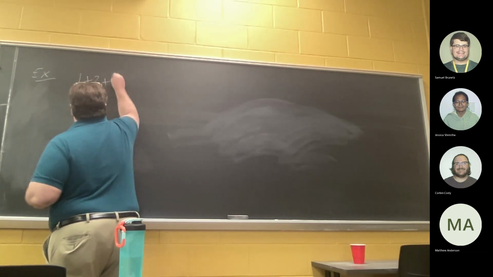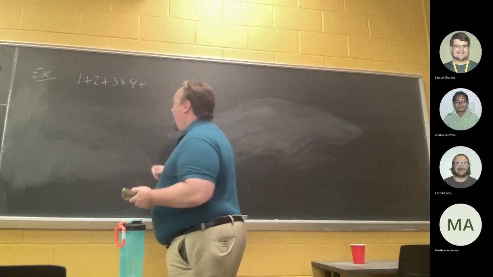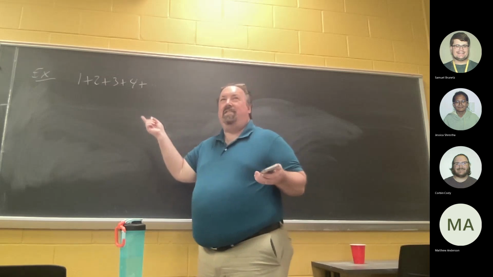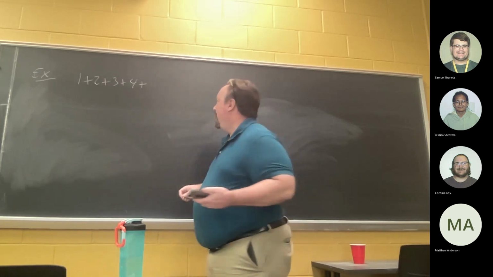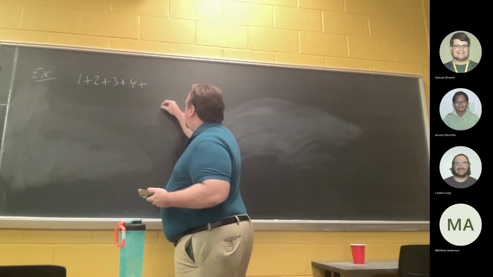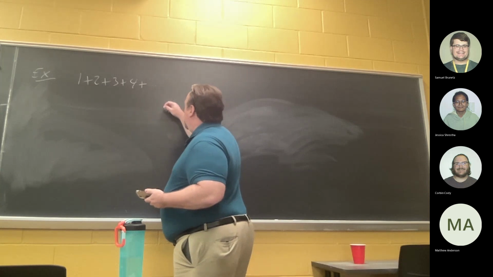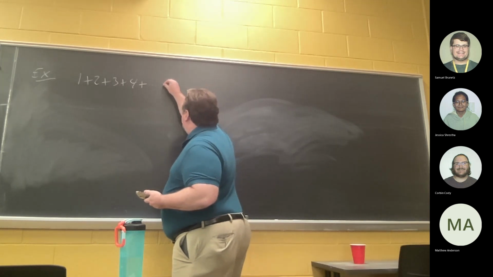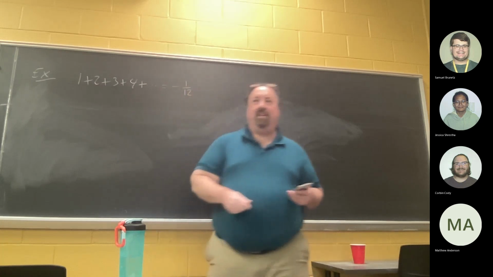1 plus 2 plus 3 plus 4, and so on. And we know this is a divergent series. Terms don't even go to 0. But I'll show you how you can somehow arrive at the sum of all these numbers equaling minus 1/12.